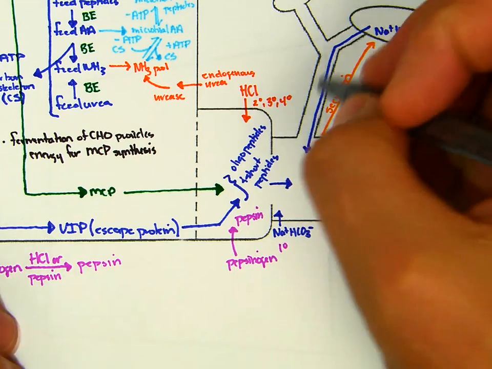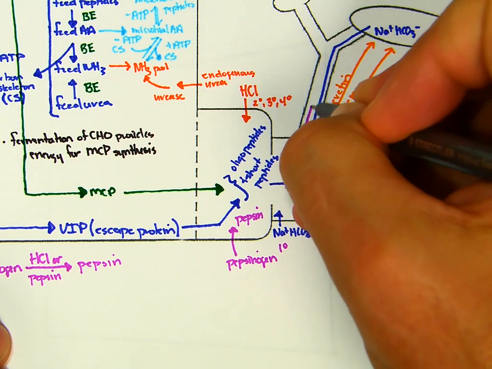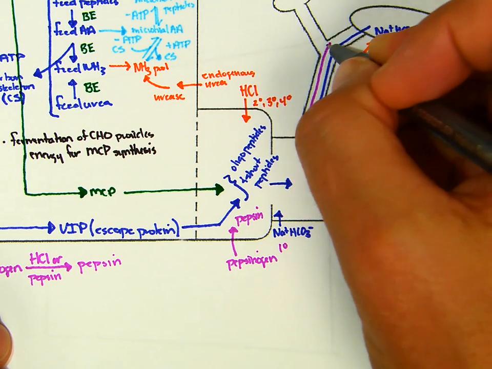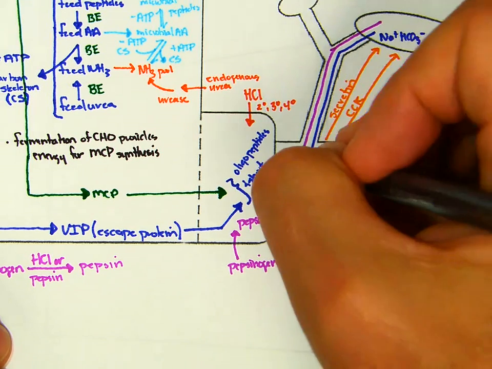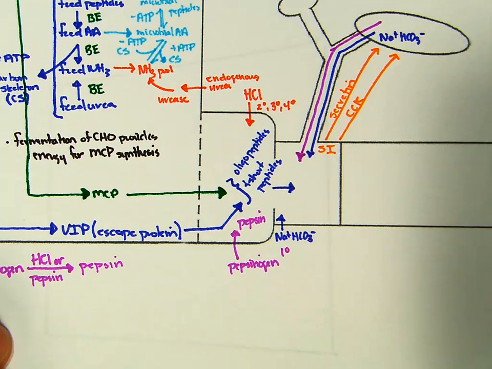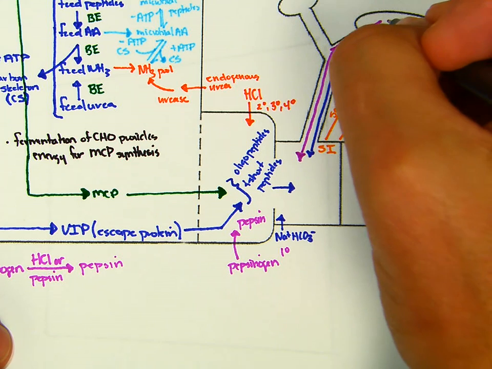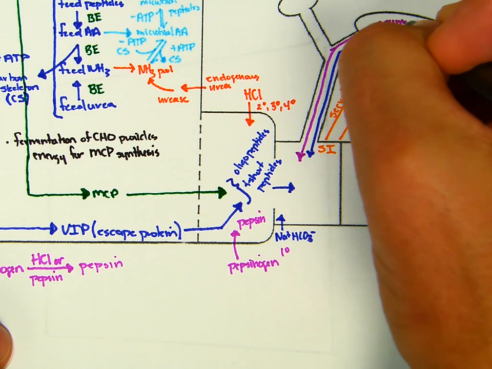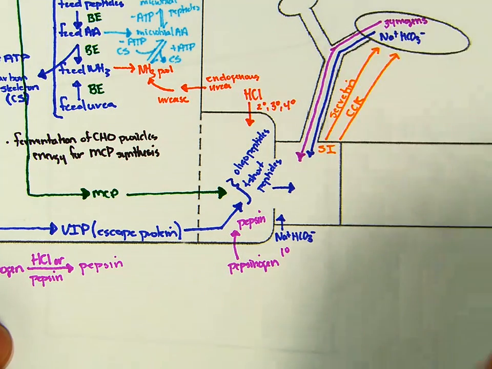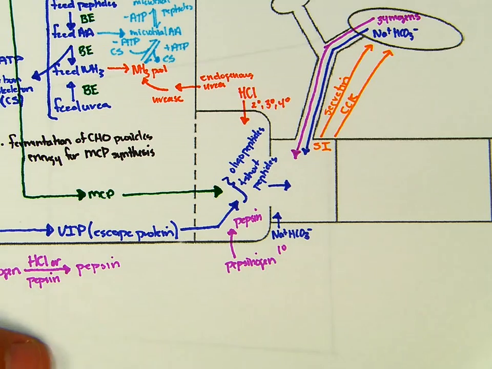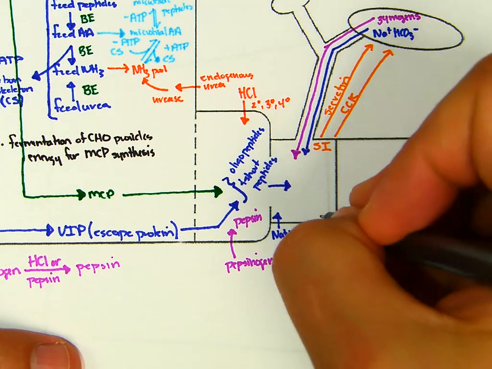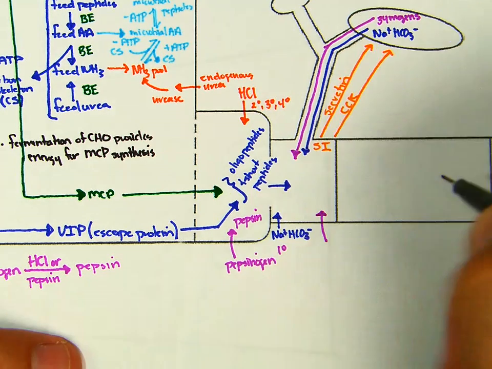And the other secretion coming from the pancreas as a result of secretin and CCK would be zymogens. CCK and secretin are also going to cause the small intestine to release enteropeptidase.